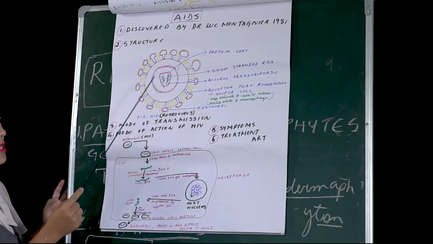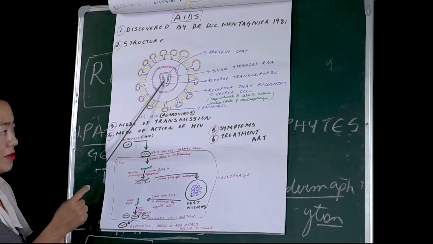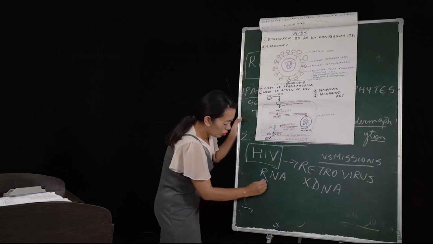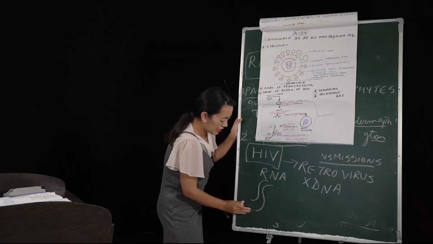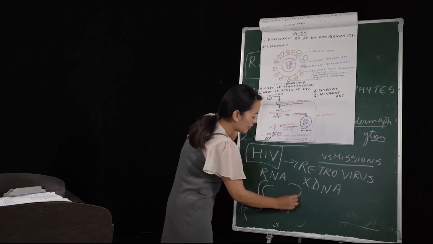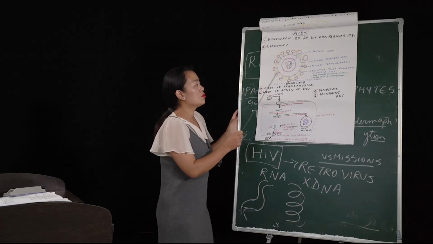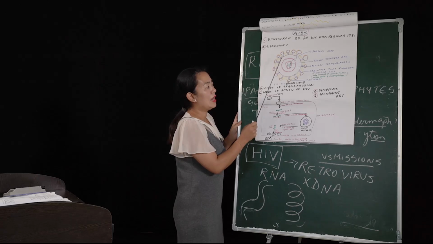Inside the 2 protein coats, there are 2 single-stranded RNA. A DNA is always double-stranded, like a ribbon, but in the case of RNA it is single-stranded, only 1 strand. Remember that.